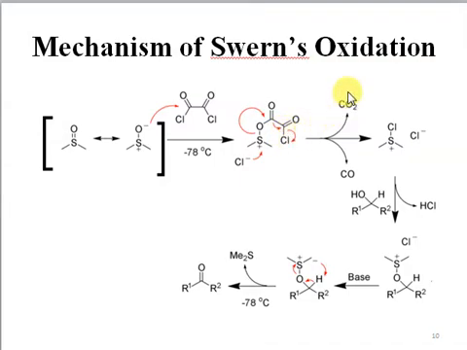So we have eliminated a molecule of carbon dioxide from here, a molecule of carbon monoxide from here as well, and also a chlorine atom in the form of chloride ion. Now this is another intermediate of this reaction, right? This is again an onium ion, a sulfonium ion.